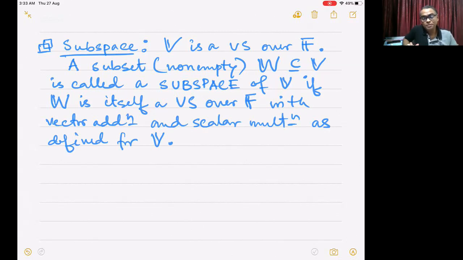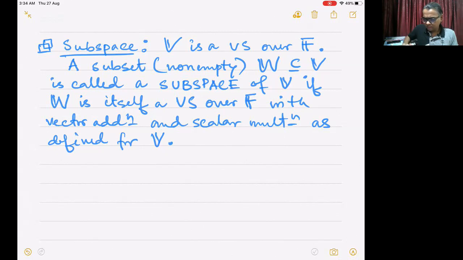It is a vector space in its own right, but it cannot be a vector space under arbitrary scalar multiplication and vector addition that you may wish to define for W. No, that is not allowed. The vector addition and scalar multiplication that are there for the vector space V must be the vector addition and scalar multiplication operations defined for W also. So under the same two operations, W must also be a vector space. Then and only then we call W a subspace.